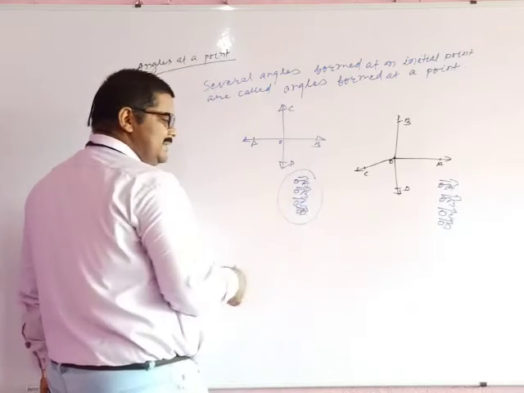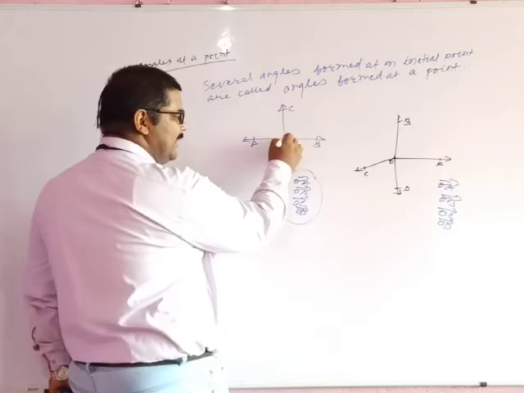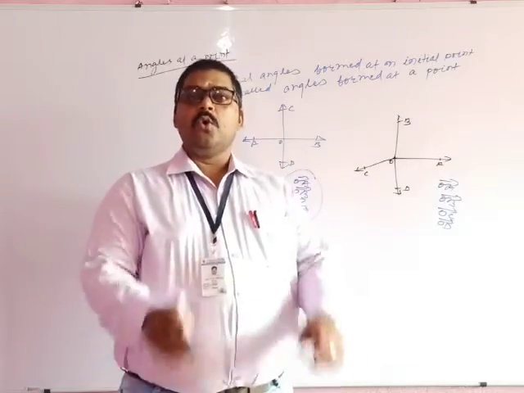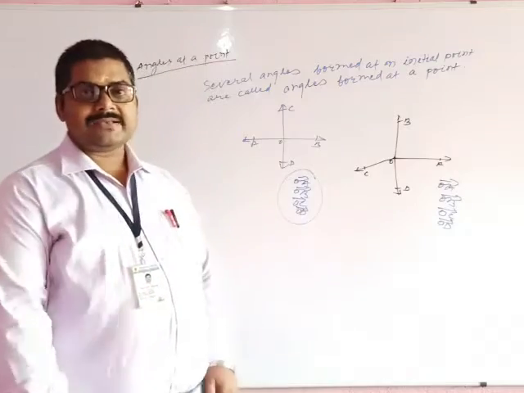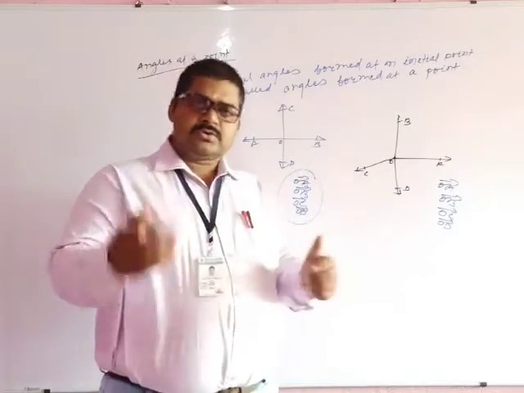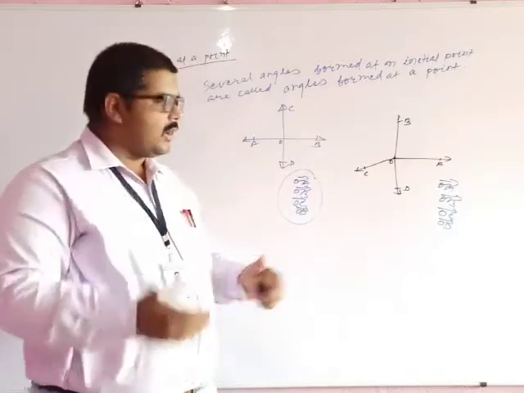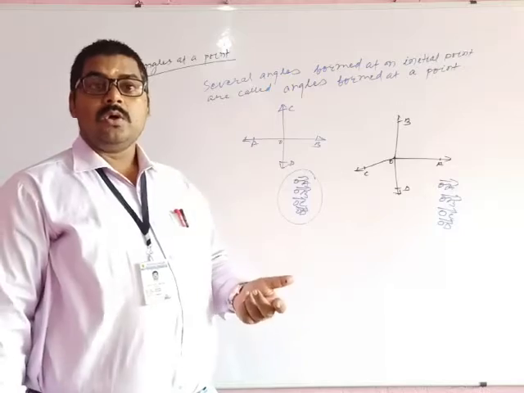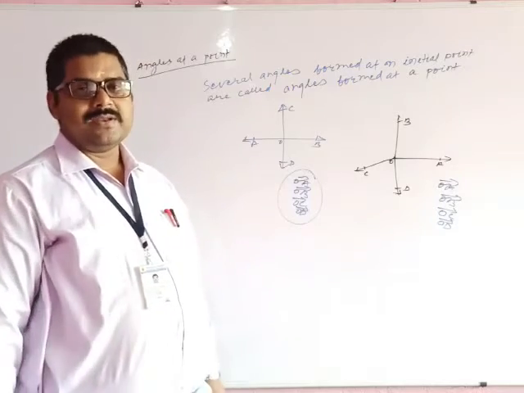All these rays start with O, so O is also known as the origin because it is the starting point. So when you draw such a figure, its initial point is O and O is known as the origin.